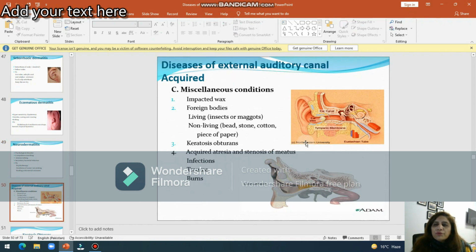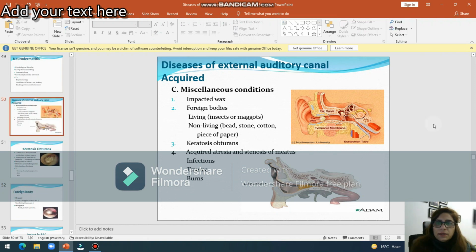Miscellaneous conditions of the external auditory canal include impacted wax or simple wax, foreign bodies, keratosis obturans, that is impacted wax along with desquamated epithelium, and congenital conditions, which are stenosis and atresia of the external auditory canal.